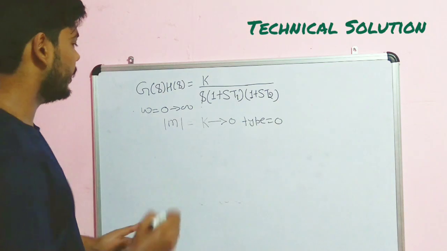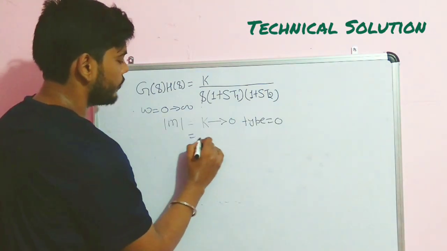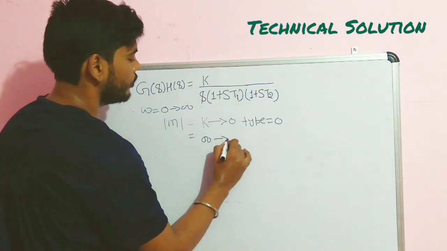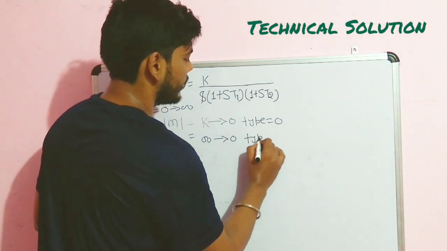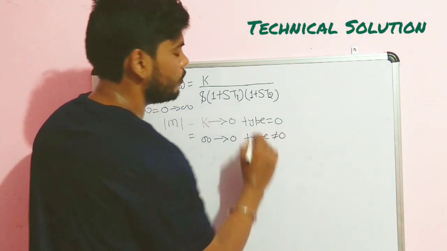On the other hand, the magnitude varies from infinity to 0 if the type is not equal to 0.